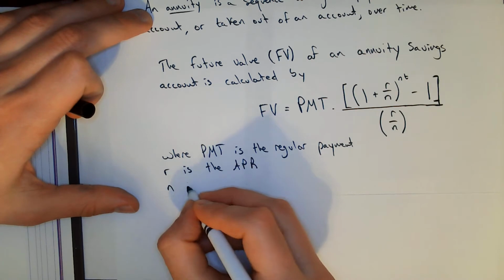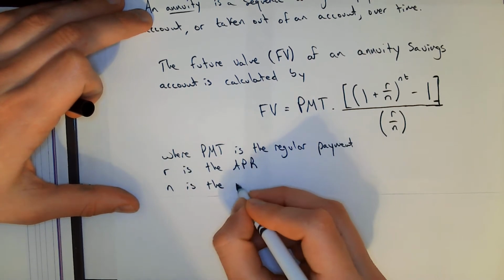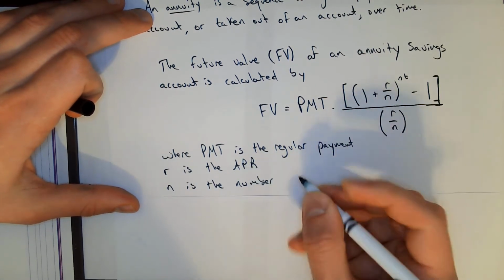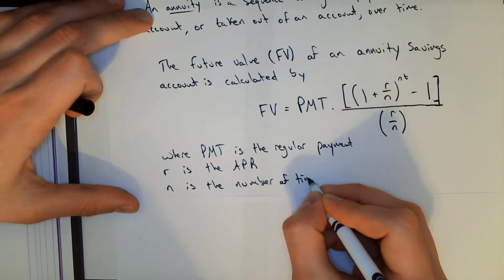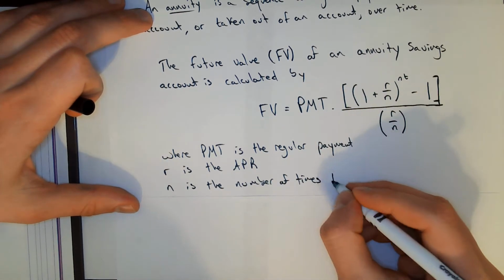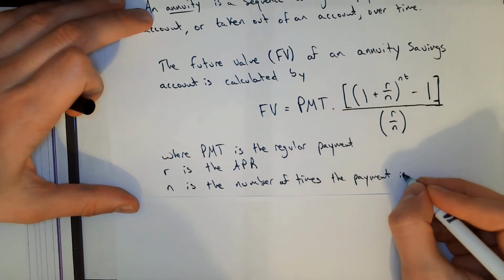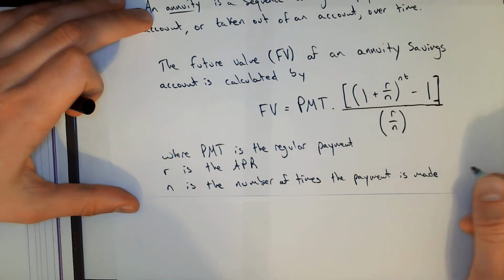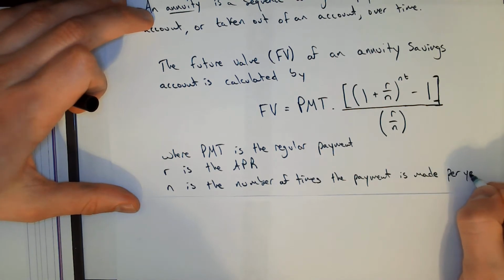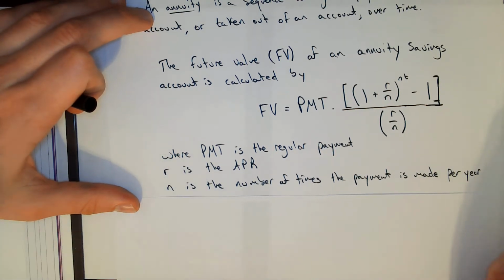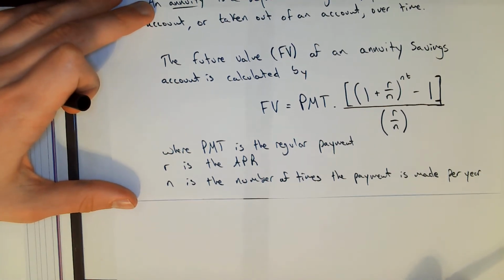N is the number of times this payment is made per year. So if you're making monthly payments, then N would be 12.